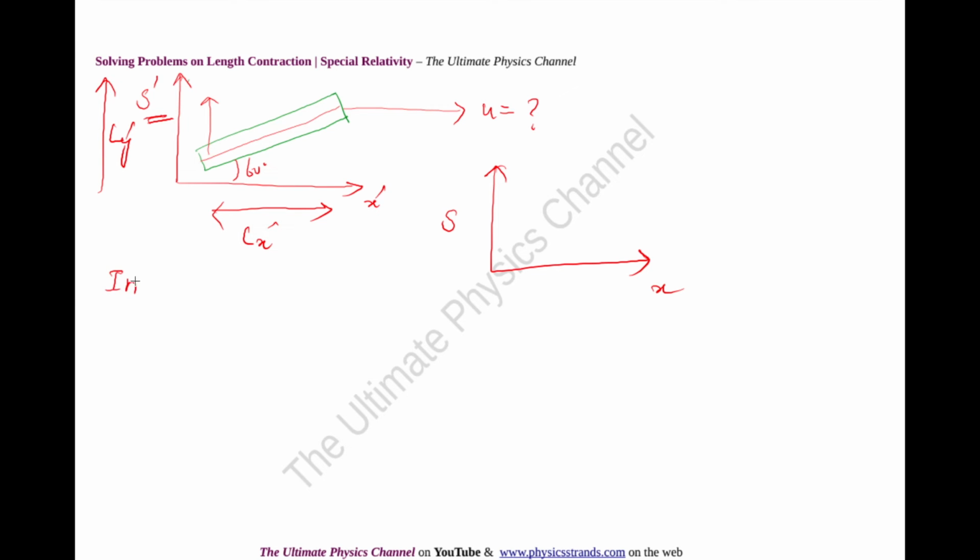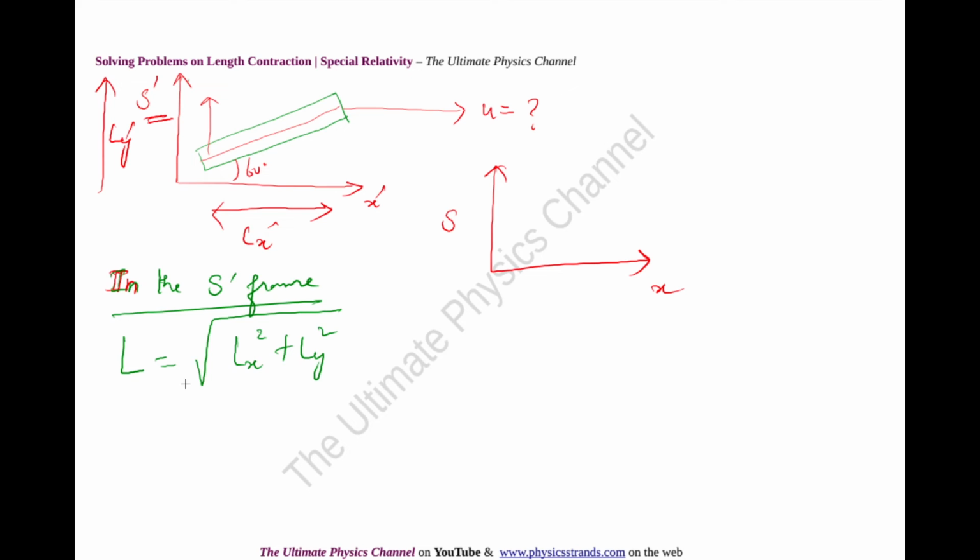So let us write, in the S prime frame, that is meter stick's own frame, the length of that object is, let us call that as only L. That would be square root of Lx squared plus Ly squared, because it is like the hypotenuse of a triangle.